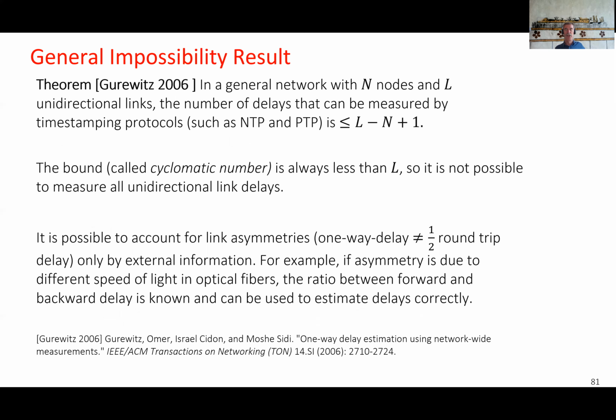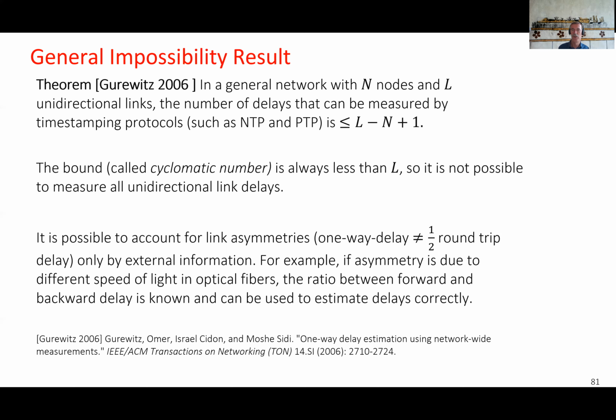I showed a very simple case with only two devices, A and B. Now we could ask, what if we are smarter and we have a network, with a number of devices, not two, but n devices that are trying to keep track of the offsets that they have with respect to each other. They're trying to synchronize to each other. In order to synchronize, they need to measure their one-way delays, but there is a general result that we will not see in detail, but that generalizes what I just explained.